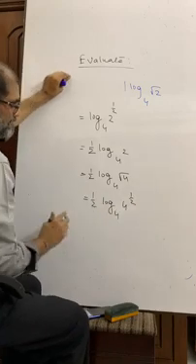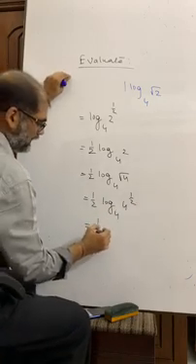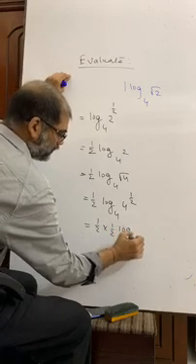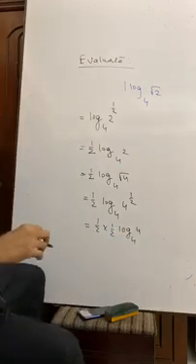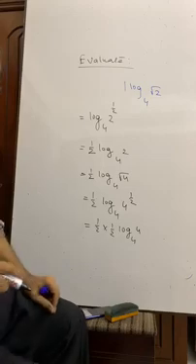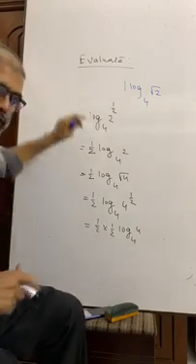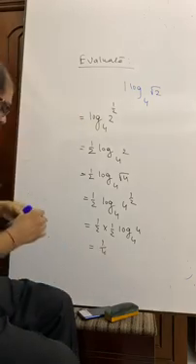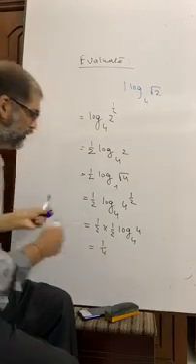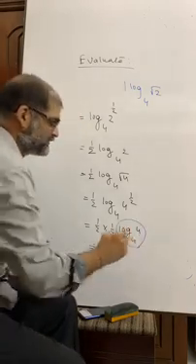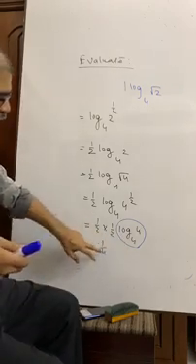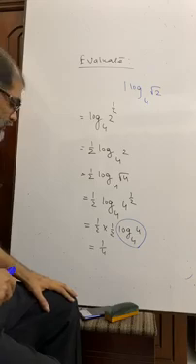This half will be taken here, half into half log 4 base 4. Have you seen? Half into half equals what? 1 by 4. And we know that the value of log 4 base 4 is 1. So half into half equals 1 by 4. Okay?